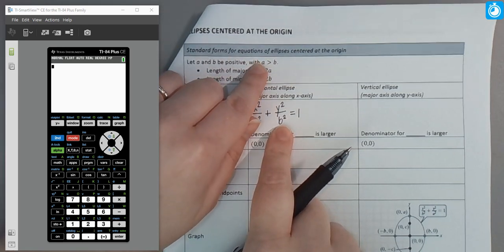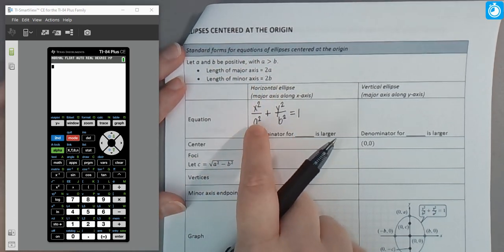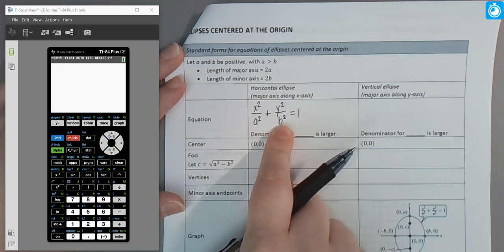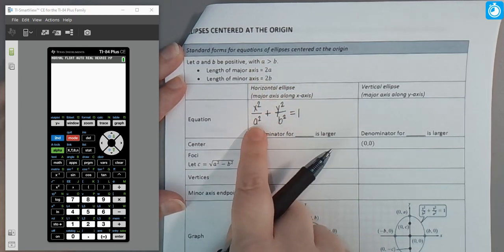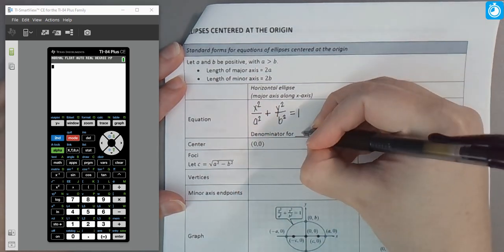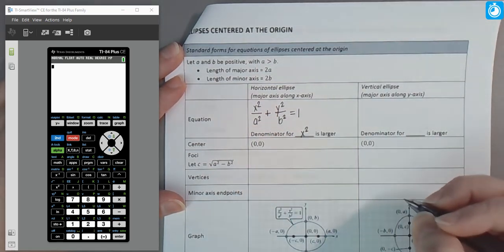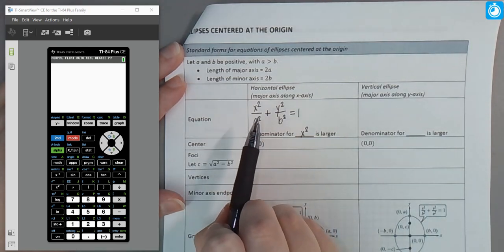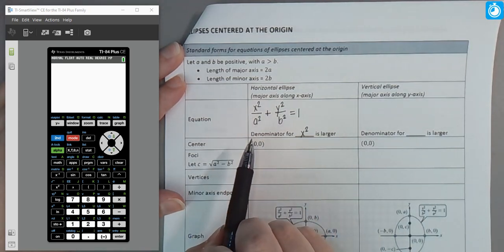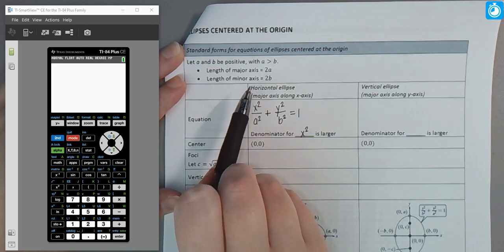Well, remember we said a has to be greater than b, so our denominator is a squared, this denominator is b squared, but because a is greater than b, specifically the denominator for x squared is the larger of the two denominators.